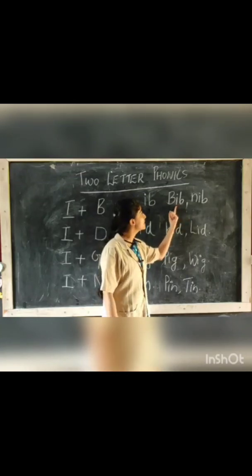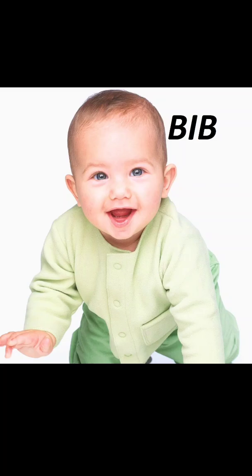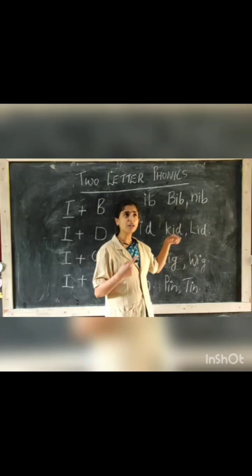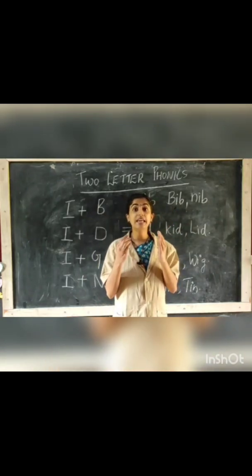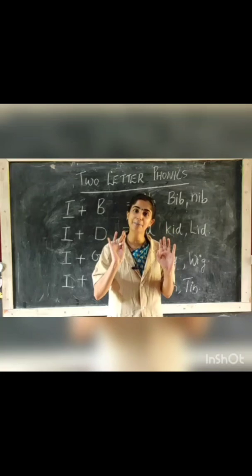Now, what are the examples? The first example is beeb. What is it? Beeb. How can we make a sentence with it? We can say, the babe is happy. The babe is happy.